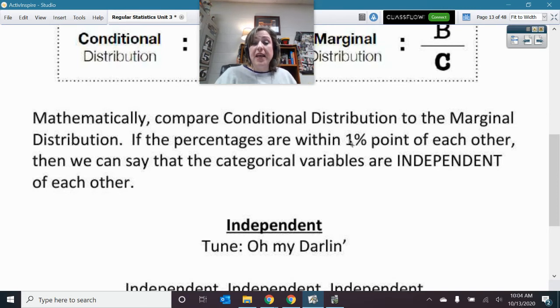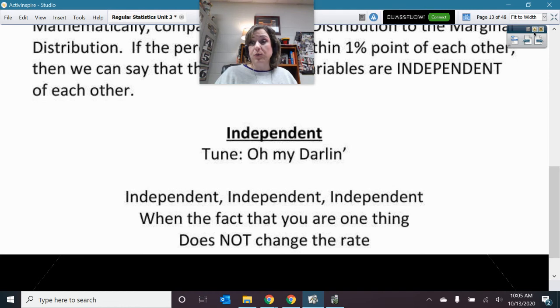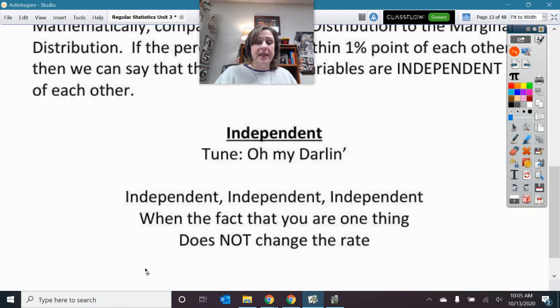Over here, this is an example of where the conditional and the marginal are, and I manipulated the math so they were perfectly in sync. But technically, if they are a little off, sometimes when your fractions are a little off, you can't get completely equal fractions. They can be within 1 percentage point, and that can be considered not affecting each other. So we've got this little phrase, this little sing-song, which I will sing to you a lot because it is confusing otherwise. Independent, independent, independent.